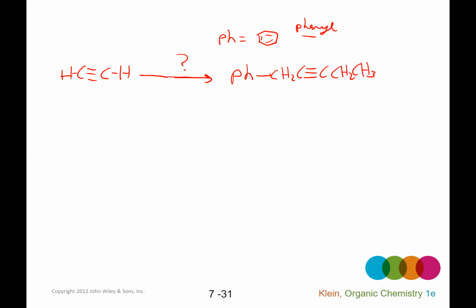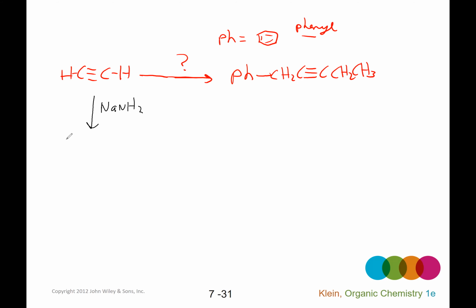Okay, so how do we do that? Well, the same kind of thinking. You started with a 2-carbon chain, and you ended up with, well, a lot more carbons. So we have to use the alkynide ion synthesis, right? So let's do it. We have to generate the alkynide ion.